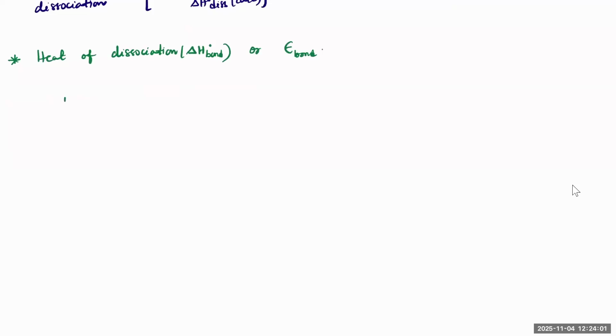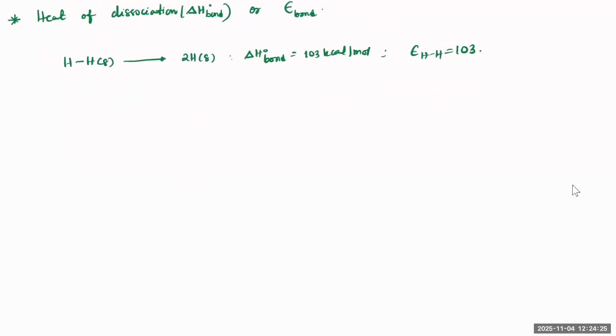So what does that mean? Suppose you have H and H in gaseous state, and you're converting that into 2H gas, and the delta H naught of bond dissociation energy is given as 103 kilocalories per mole. Then I can write epsilon of H and H is equal to 103. So this is a way to represent epsilon.